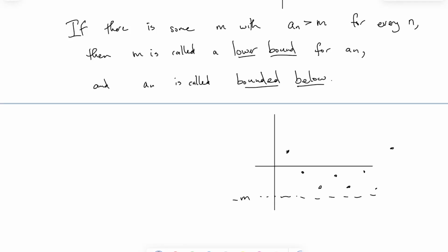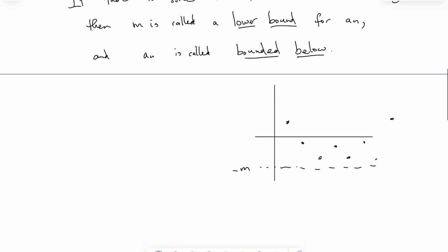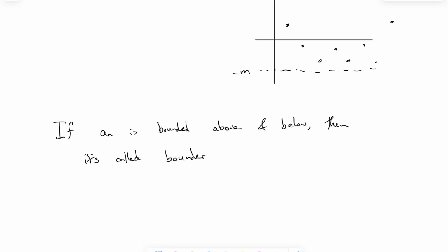If a sequence is both of these, bounded both above and below, then we call it bounded. So if it just says bounded, that means above and below. This is the end of my lengthy definition here. If a_n is bounded above and below, then it's called just straight up bounded.